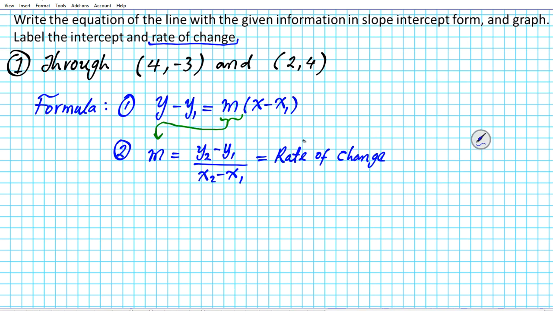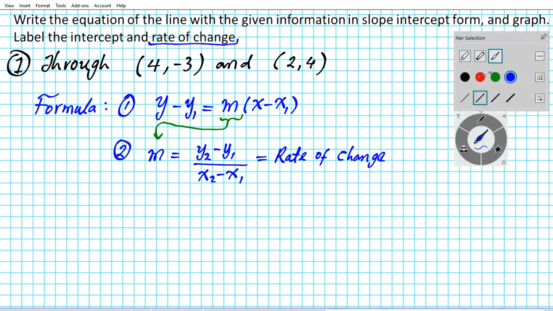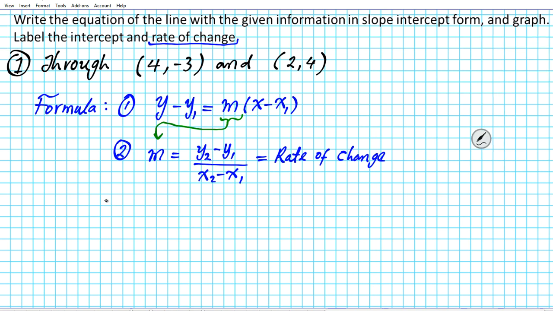Now that we've identified the formulas that we need, let's proceed with the problem solving process. If you take a look at the original formula, we need x1, y1, and m. And in order to find the slope, we need x2, y2, x1, y1. So let's list all the pieces of information that we need. x1 is 4, the x-coordinate of the first point.